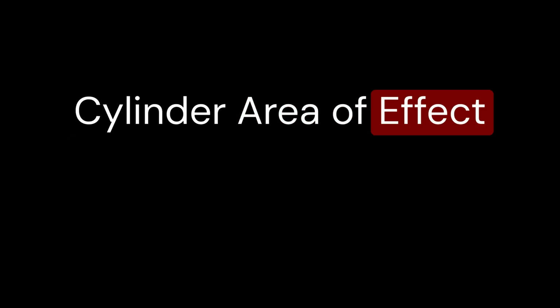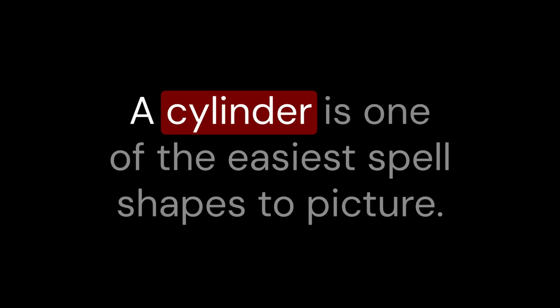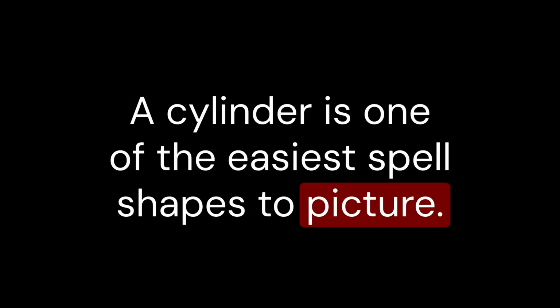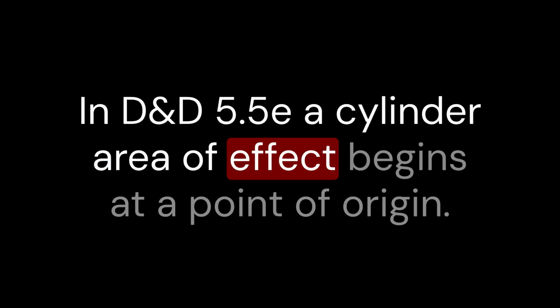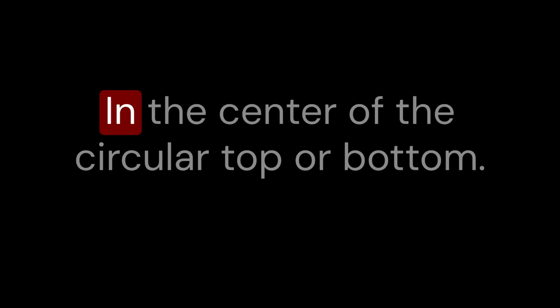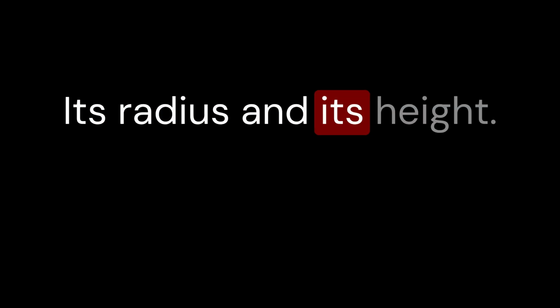Cylinder area of effect. A cylinder is one of the easiest spell shapes to picture, a circle that goes up or down. In D&D 5.5e, a cylinder area of effect begins at a point of origin in the center of the circular top or bottom. The effect then extends outward and vertically based on 2 measurements, its radius and its height.